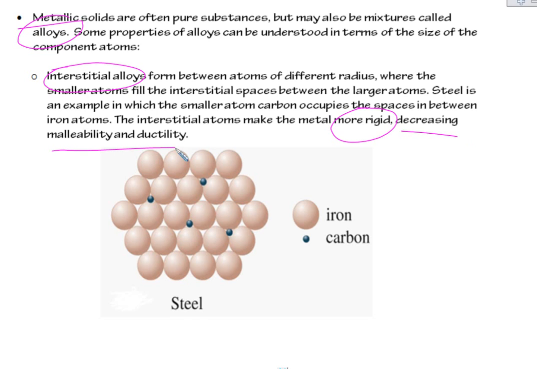There's not as much room for these electrons to move. So that's called an interstitial alloy. The spaces in between the atoms are called interstitial spaces. So it kind of makes sense. It's when a smaller atom is mixed with the original metal to fill those spaces and cause the metal to be more rigid.